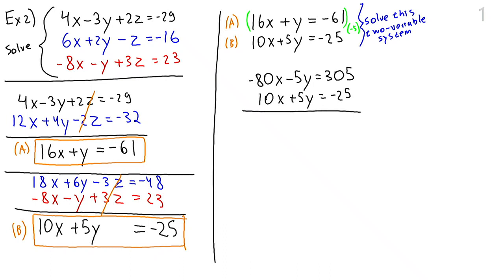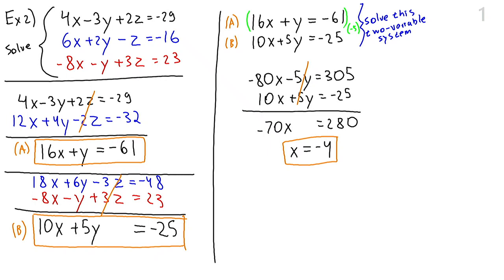And now I add them, and I successfully eliminate the y variable, and I get -70x equals 280, which means x must equal -4. So I got my first entry in the 3-tuple.